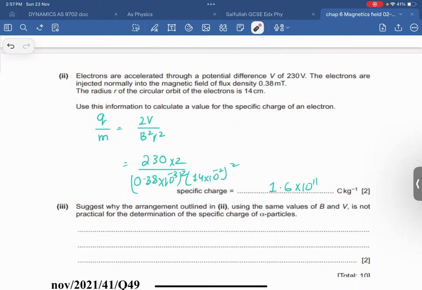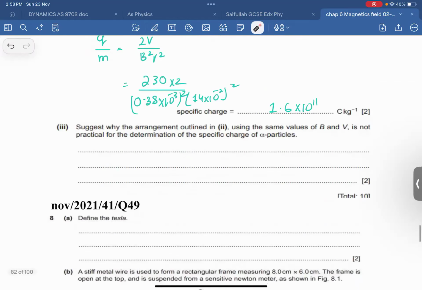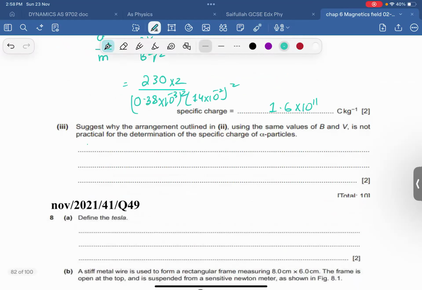So maybe this could be the option, but the charge to mass ratio of the alpha particle is very large.